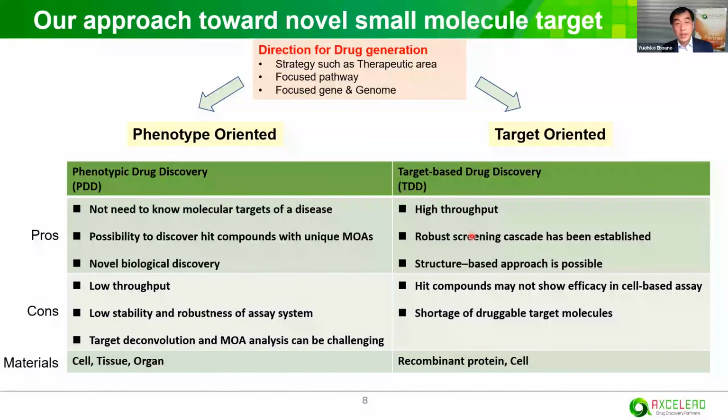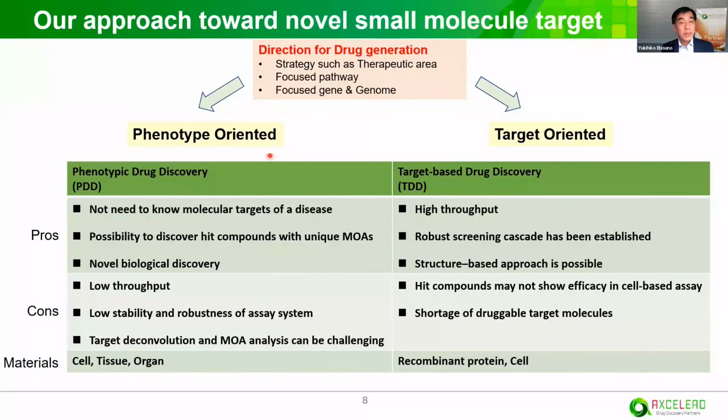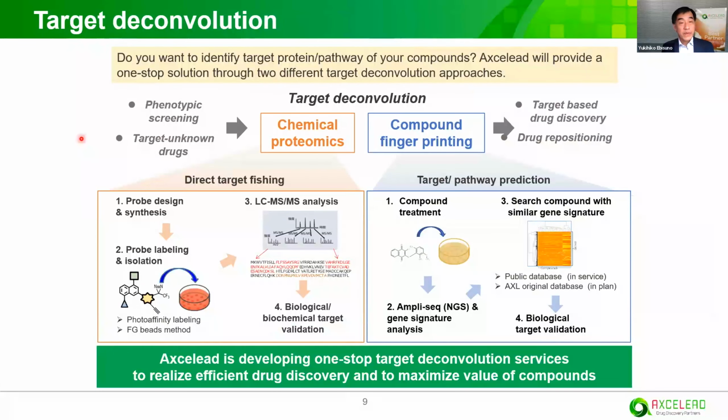On the other hand, target-based discovery is high throughput, and we can use the structure-based approach as much as possible. So I think we focus more on the phenotypic oriented, but the biggest con is target deconvolution after the phenotypic screening.